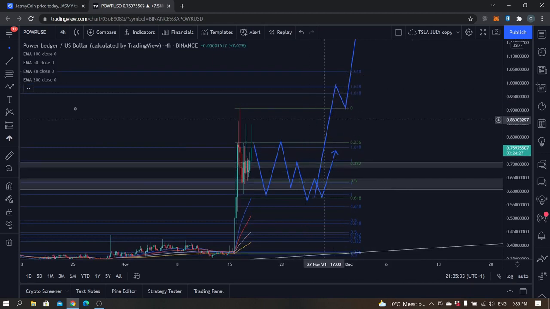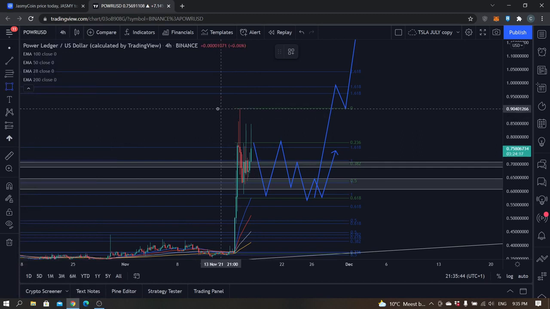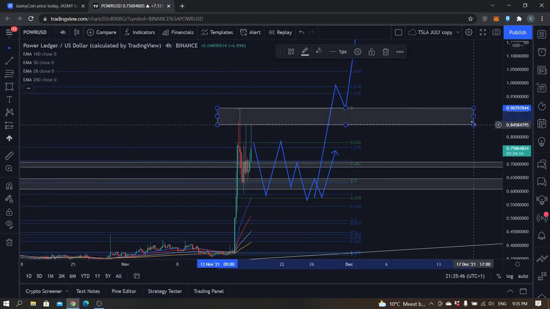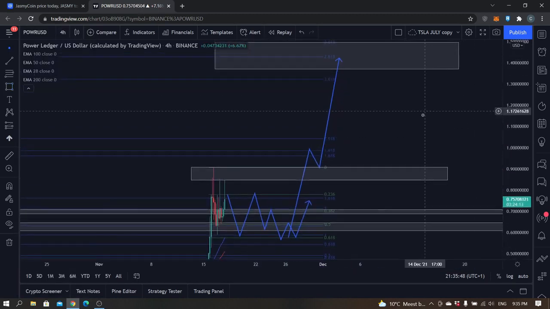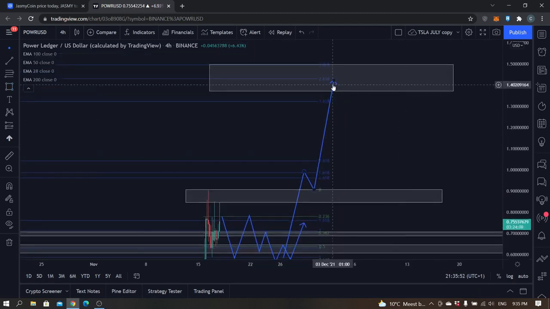And I think then we could see a break and retest of anywhere between 85 cents and this wick, which would be 90 cents. Again, quite a broad area, but you know why. And then I think ultimately in the next weeks, we could see a price of 1.4 maybe, between 1.37 and 1.5.